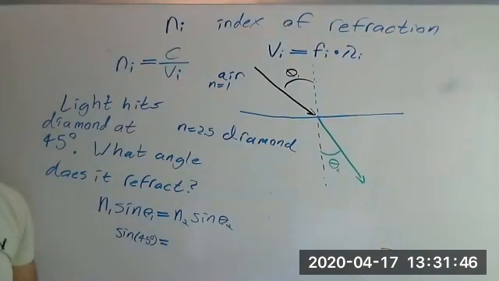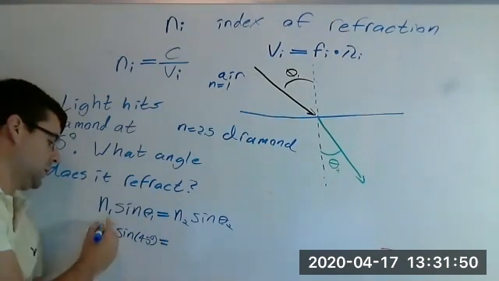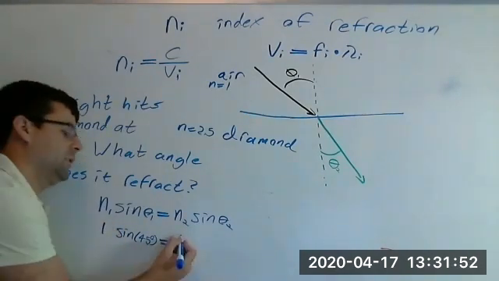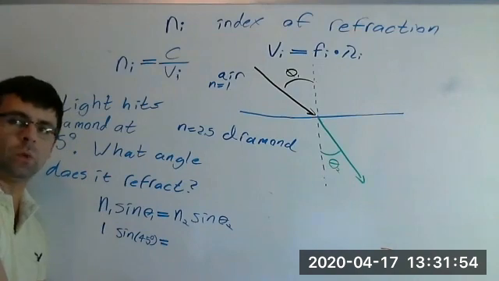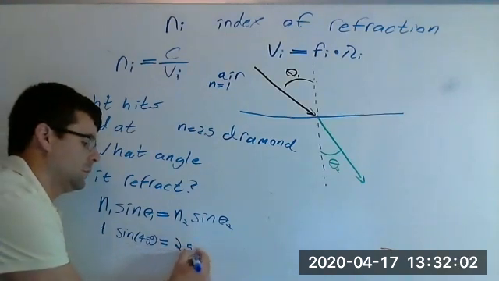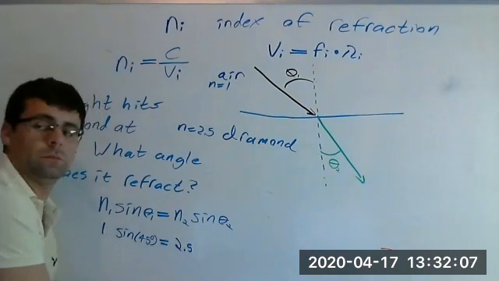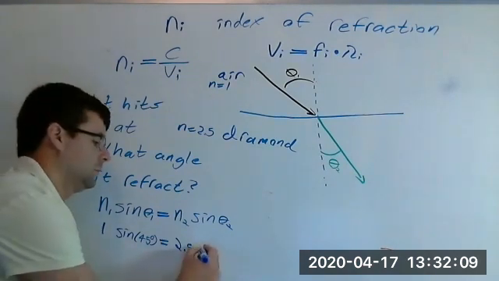In this case, they're the ones on the same side. So 1 sine 45 equals 2.5 sine theta 2.